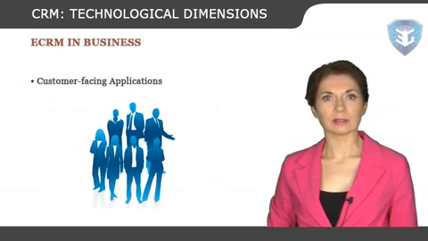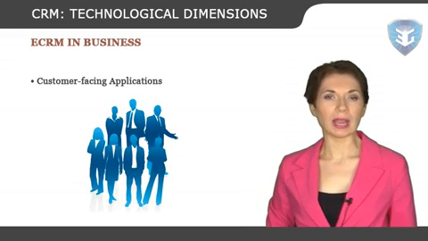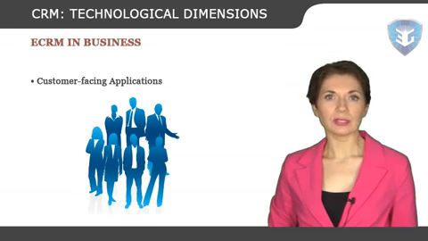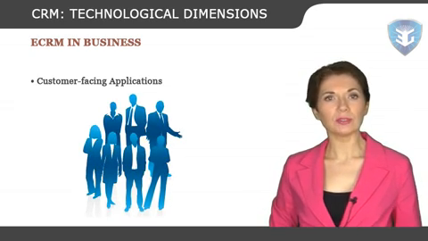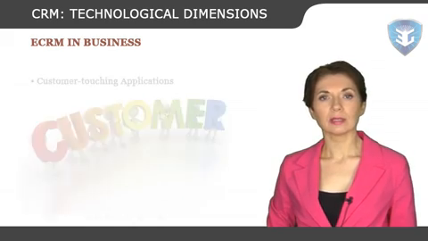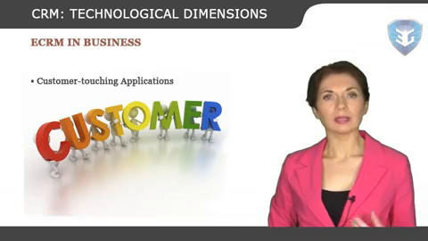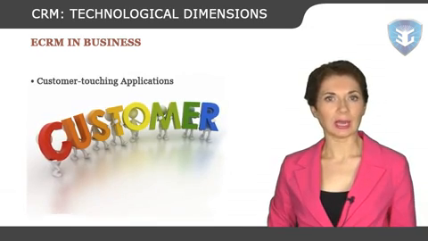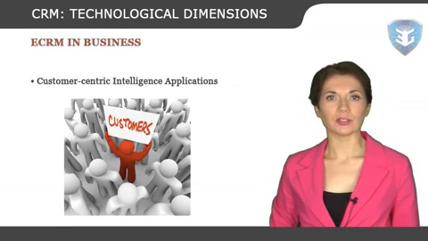Customer-facing applications. These include all the areas where customers interact with the company: call centers, including help desks, sales force automation, and field service automation. Customer-touching applications. In this category, customers interact directly with the applications. Customer-centric intelligence applications.